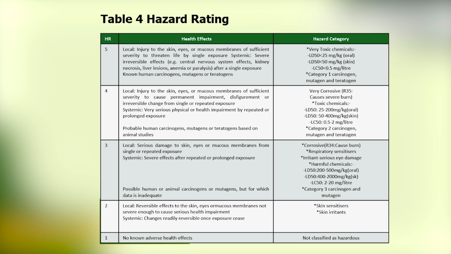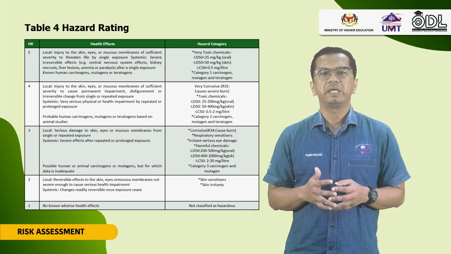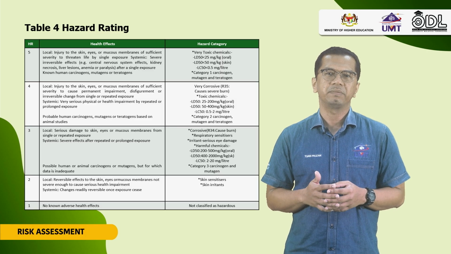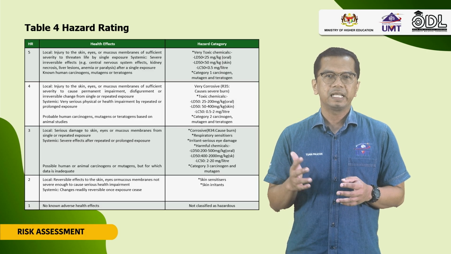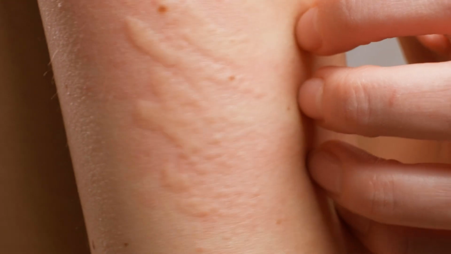Hazard rating 4 indicates permanent injury to skin or organs from repeated exposure. These may include probable human carcinogens based on animal data. Rating 3 includes serious but not permanent damage to skin, eyes, or mucous membranes.